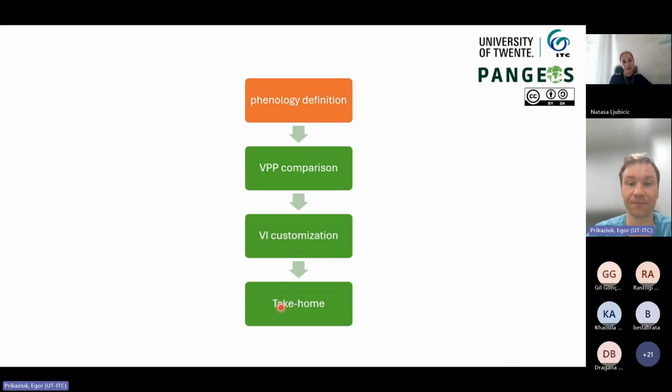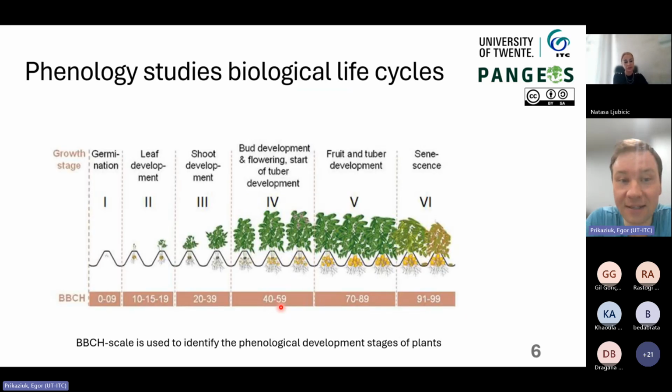Phenology is a study of biological life cycles. You can imagine for a crop it's a bit easier to think of, because it's a single season. When you plant a seed, the crop emerges, and then leaves develop, and then fruits develop. But first the flowering happens, and then roots develop.